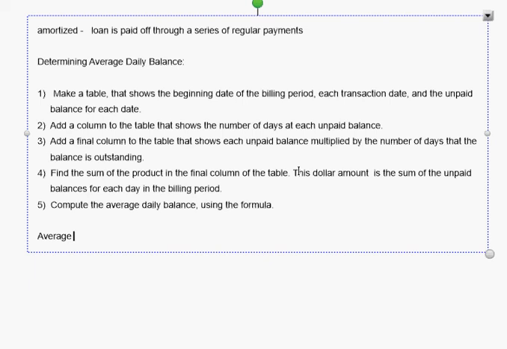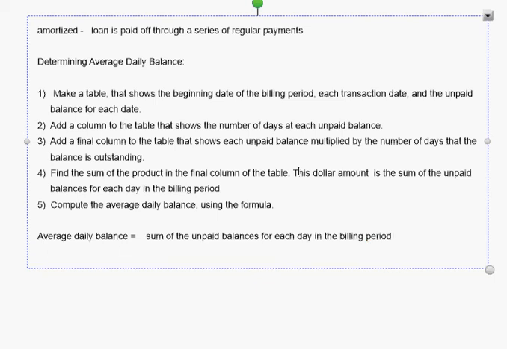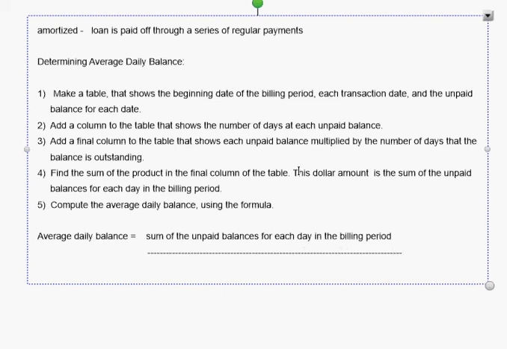Average daily balance equals the sum of the unpaid balances for each day in the billing period divided by the number of days in the billing period.